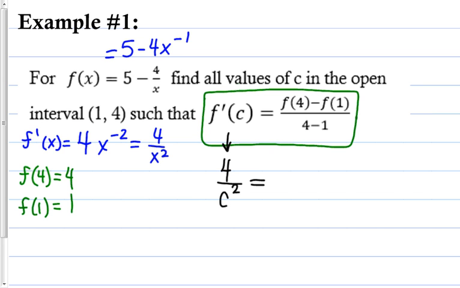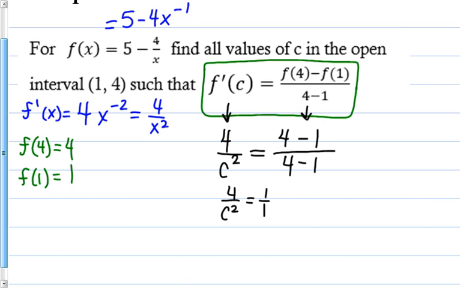Equals, and then I do good old-fashioned slope, right? So f of 4, we figured out that that was 4, minus f of 1, which is 1, over 4 minus 1. So you're like, okay, that's the same, sure. So I have 4 over c squared equals 3 over 3, which is basically 1 over 1, right? All right, I'm looking for the c. What is c? I have to solve for c.